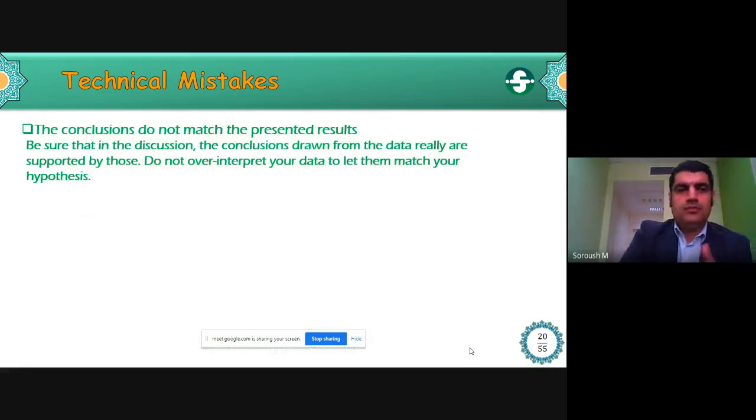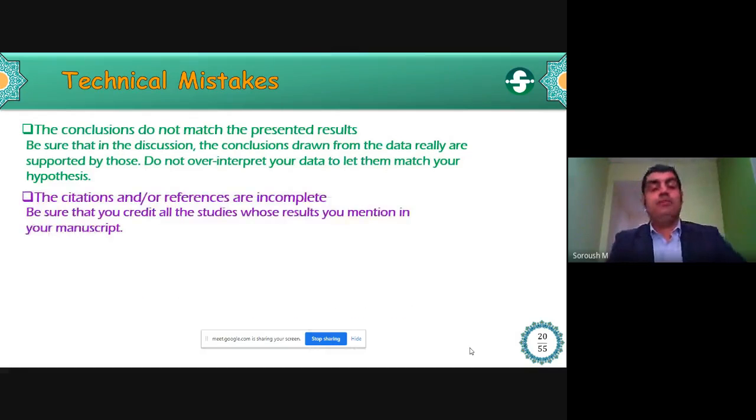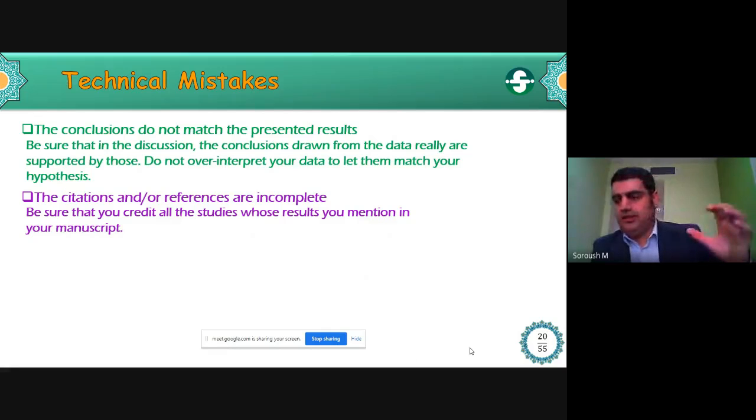So the technical mistakes would continue with improper explanation of the conclusions. In conclusions, we should highlight discussions besides results, and sometimes we forget about the discussions. So let's be careful about writing different parts of our manuscript by getting prepared for a systematic writing style.